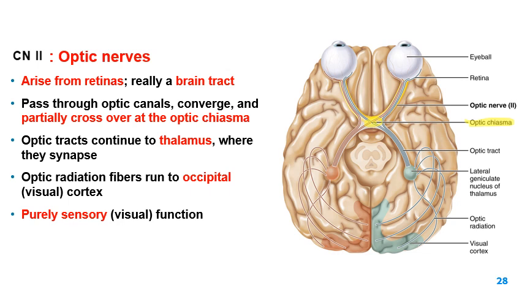Then what happens here, these tracts, they are going to go to the thalamus, and then your thalamus is going to differentiate whether you're going to pay attention to something or not, okay? After they travel to the thalamus, they are going to continue to your occipital lobe, specifically here to the visual cortex of your occipital lobe.